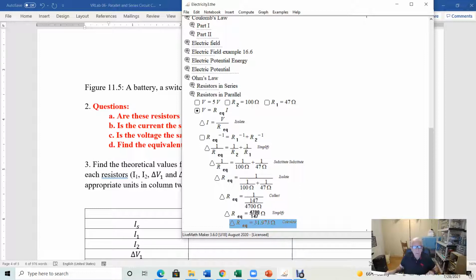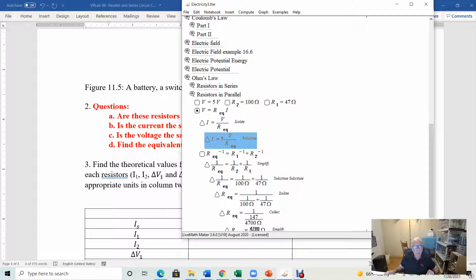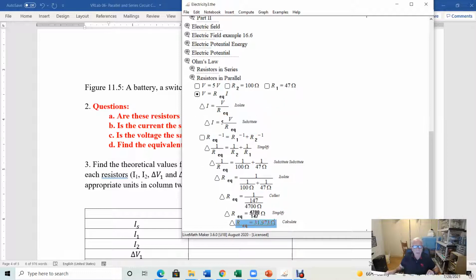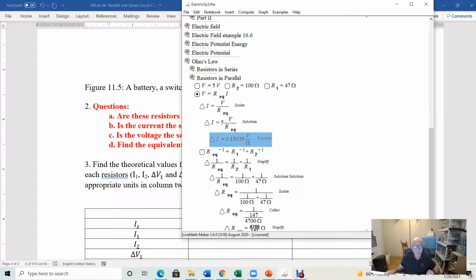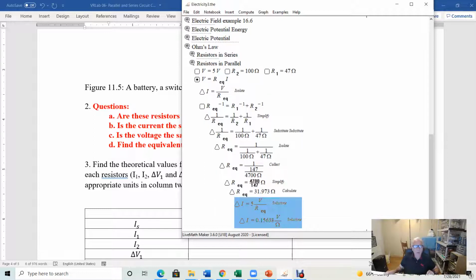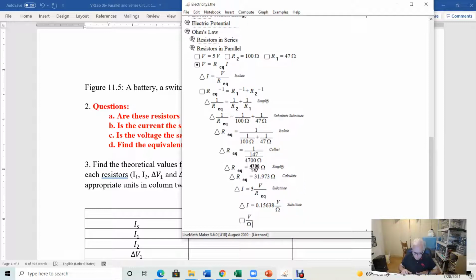Current is going to be given by V over the equivalent resistance. So let's go ahead and I'm going to drag it to this spot. Volts over ohms is amperes.